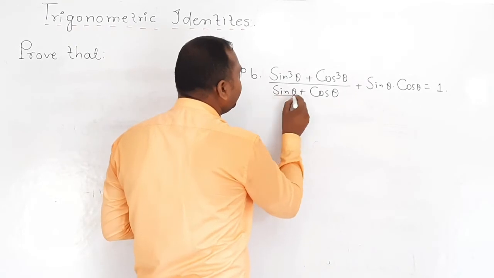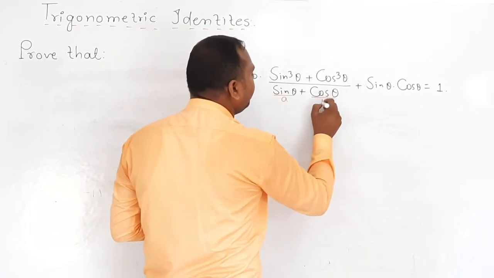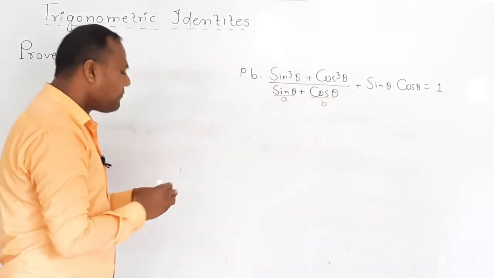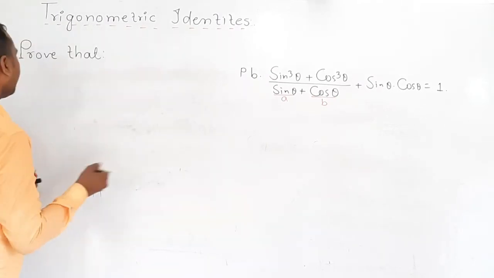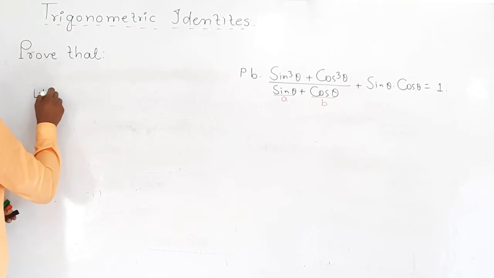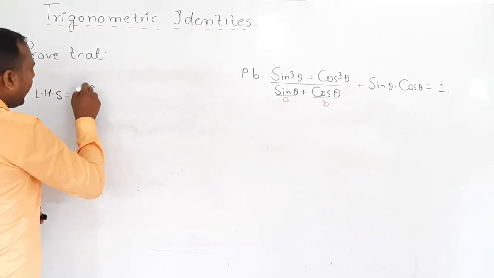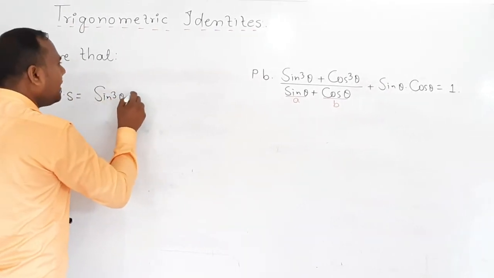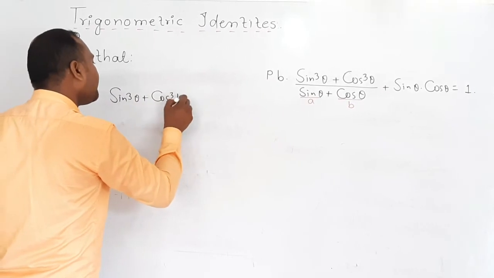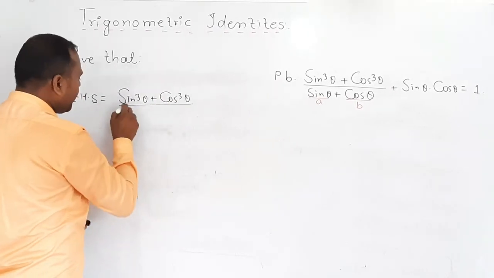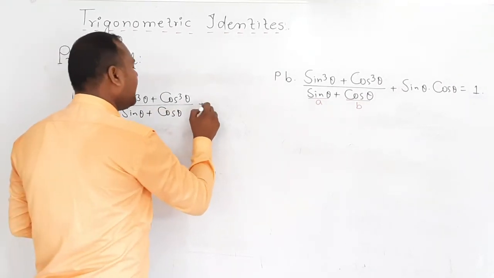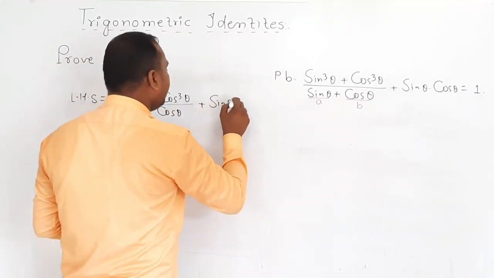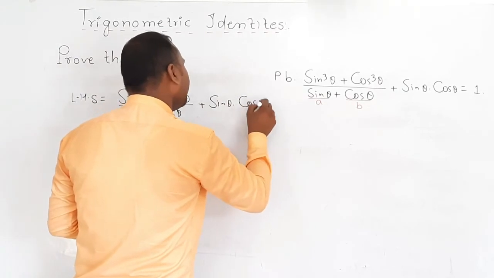So let us suppose sin theta means a and cos theta means b, and after that we have to use a cube plus b cube. So LHS will be equal to sin cube theta plus cos cube theta divided by sin theta plus cos theta, plus sin theta into cos theta.